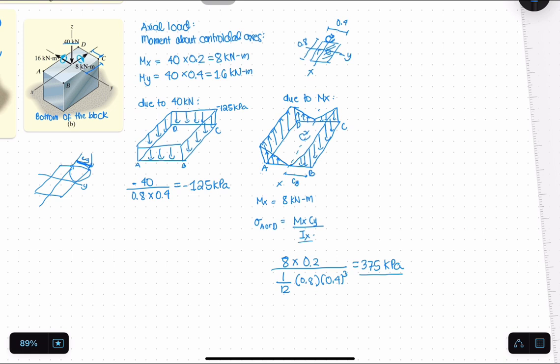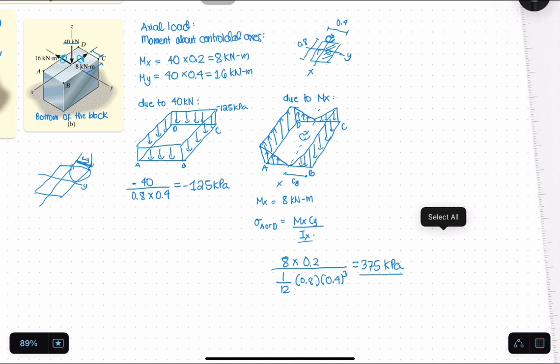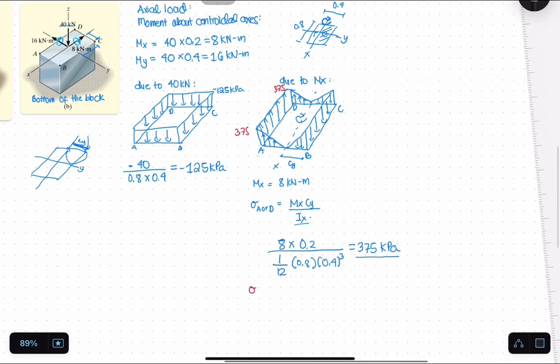Okay, so, ang value 375. How about sa bending stress sa point B or C? So, sa point B or C, same lang sila kasi MX CY over IX pa rin yan.